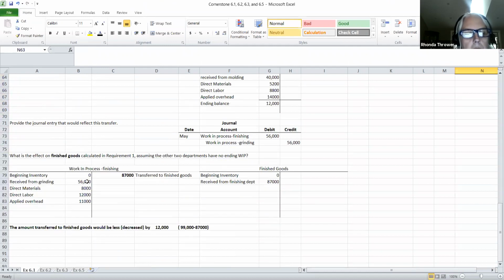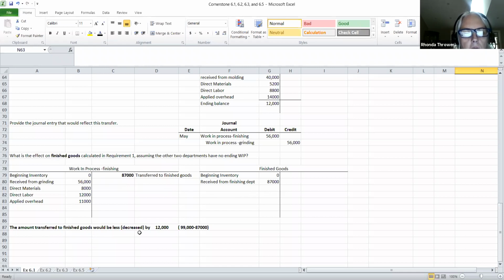So when you combine all of these together, assuming that finishing department has no ending inventory, the amount that you would transfer out becomes $87,000. And that $87,000 would go in as a debit to our finished goods inventory. So it became $87,000. So they wanted to know what was the effect on finished goods. Well, the amount transferred to finished goods would be less.